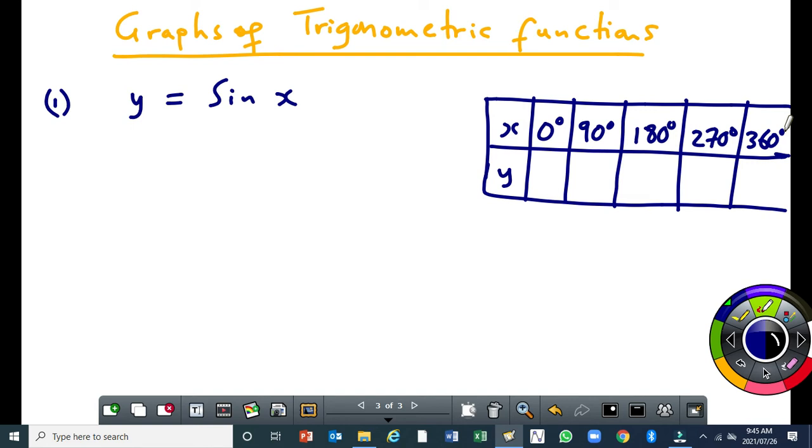Now, if you use your calculator, where there is x there, if you put 0 degrees, you will get 0. The y value will be 0. Sine 0 is 0. Then sine 90 is a 1. Sine 180 degrees, it's a 0.